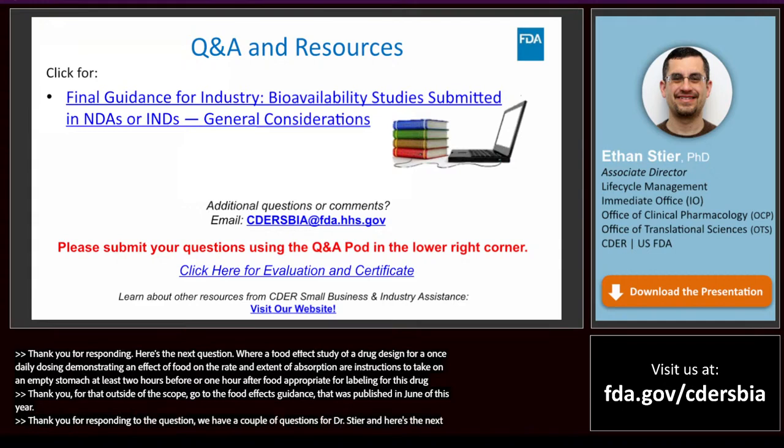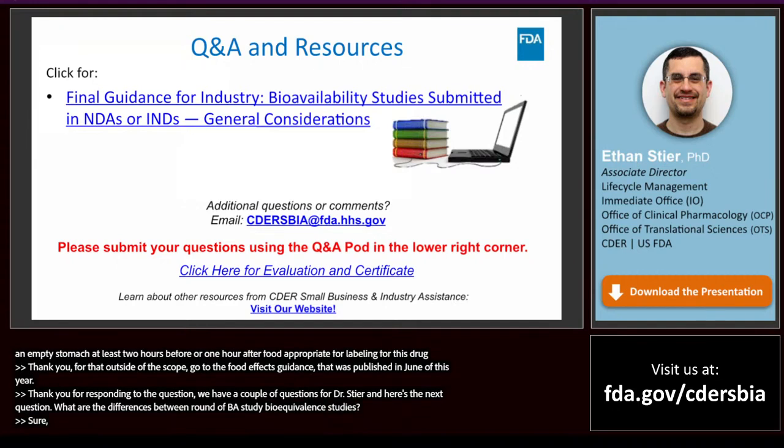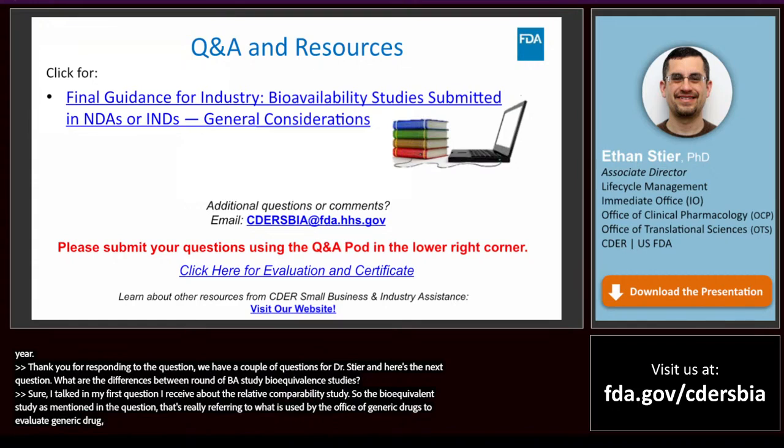What are the differences between relative BA studies and bioequivalence studies? Sure. So I talked, in the first question that I received, about the relative or comparative bioavailability study. Bioequivalence studies, as I believe is intended in the question, really refer to what is used by the Office of Generic Drugs to evaluate generic drug applications, also called abbreviated new drug applications.